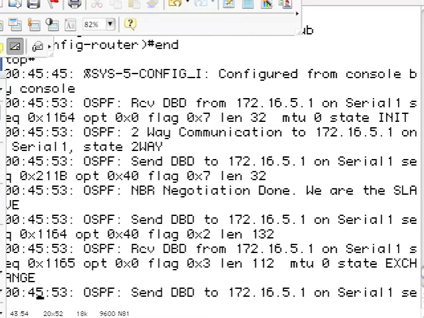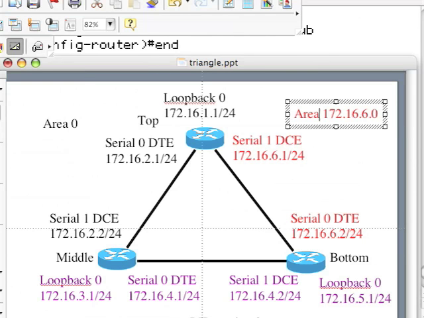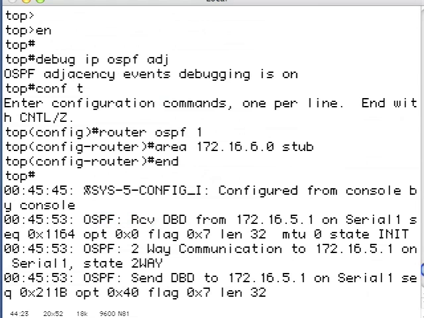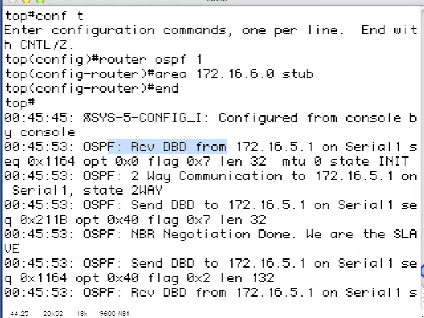I configured the area as a stub. I'd previously configured area 172.16.6.0 as a stub in the bottom router. Now I've configured it at the top router. So our area numbers match, our flags match, because stub is a flag in the hello packet. And so let's see what happens. I believe I received a hello, but it didn't show up in the debugs because I needed to run a different debug to see that.